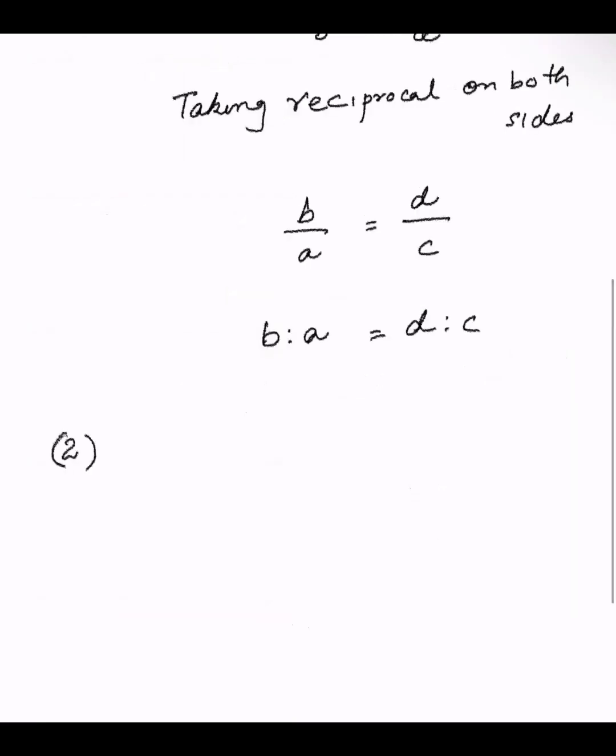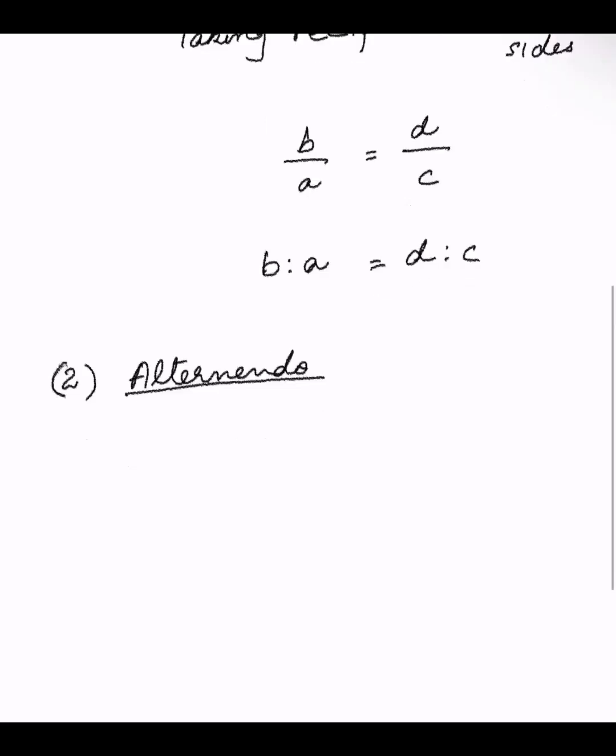Second property name is alternando. In alternando, what happens? If A is to B equal to C is to D, then A is to C equal to B is to D. This is what this property is saying.